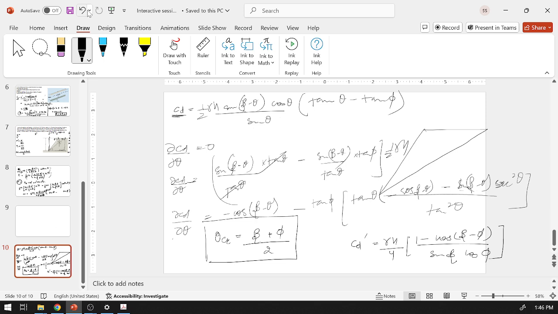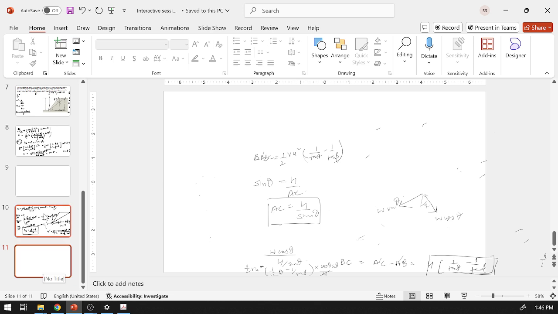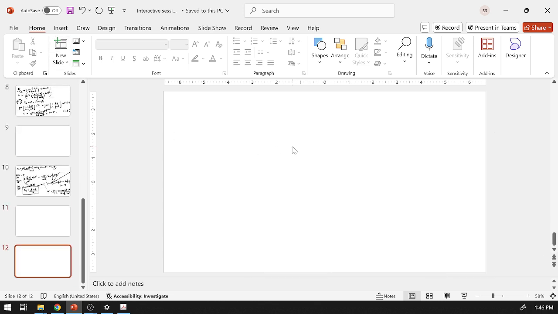So what we do, we write this as c over gamma h, which is taken as the stability number, which comes out to be 1 minus cos of beta minus phi over 4 sine beta cos phi.